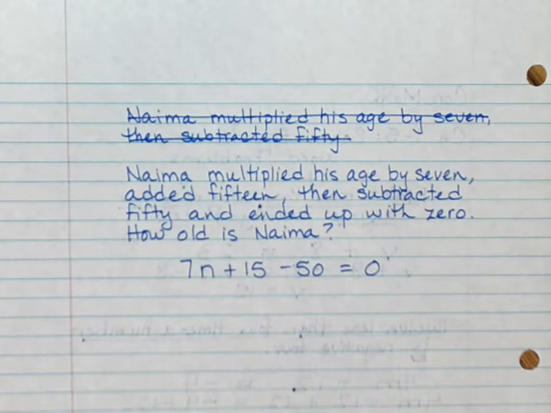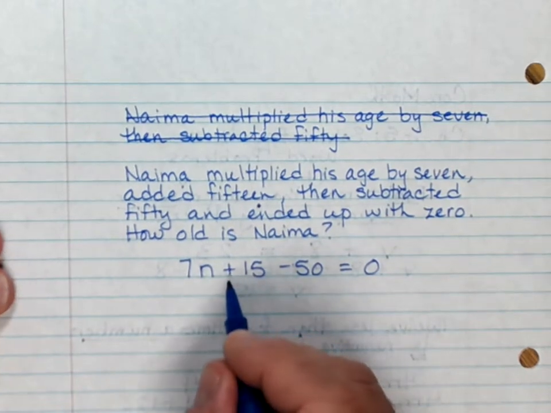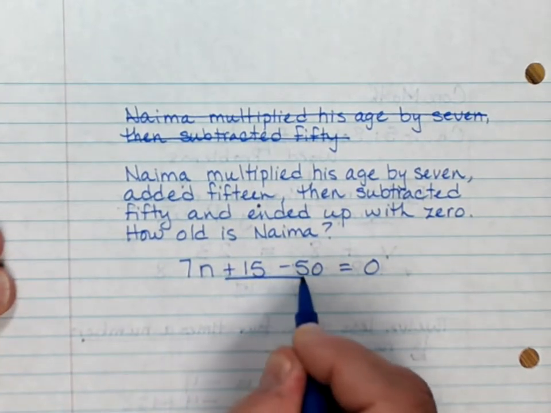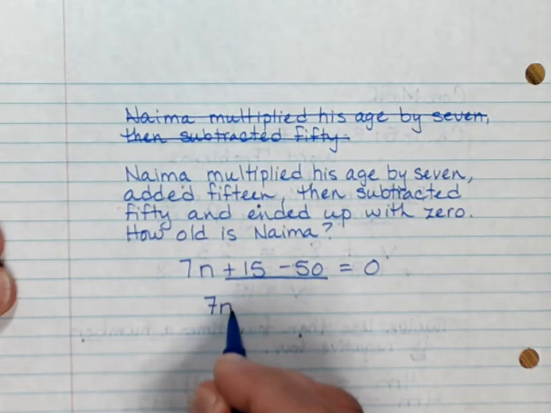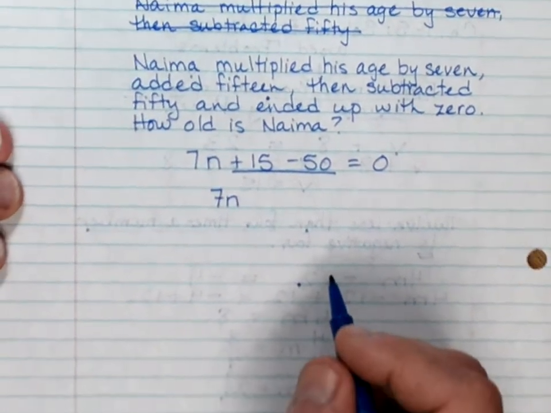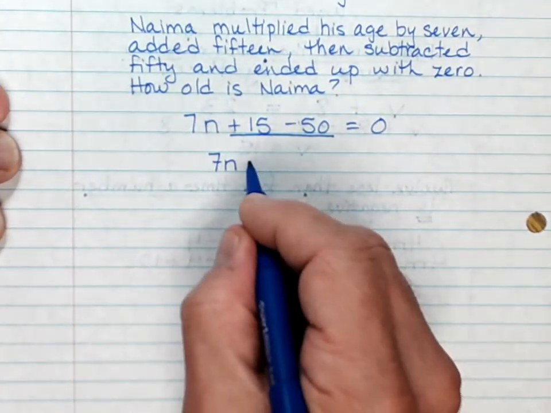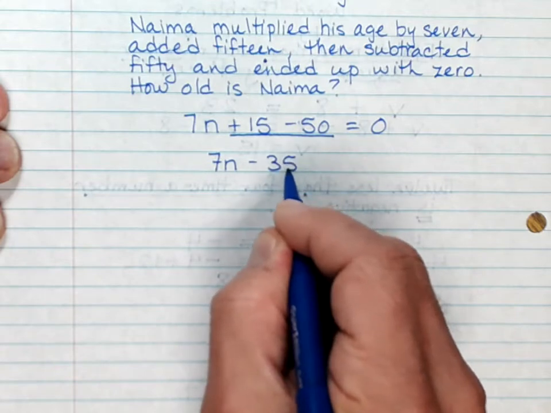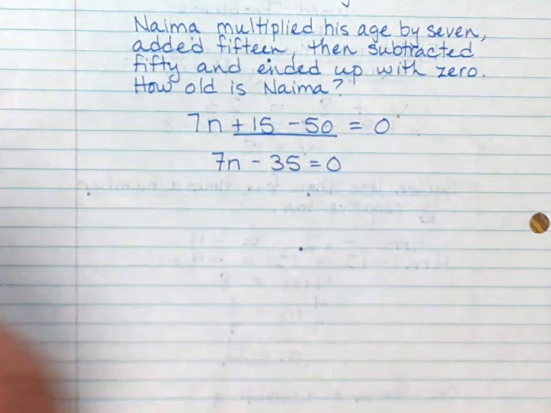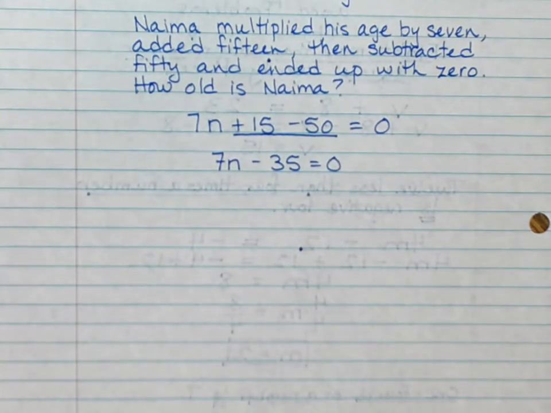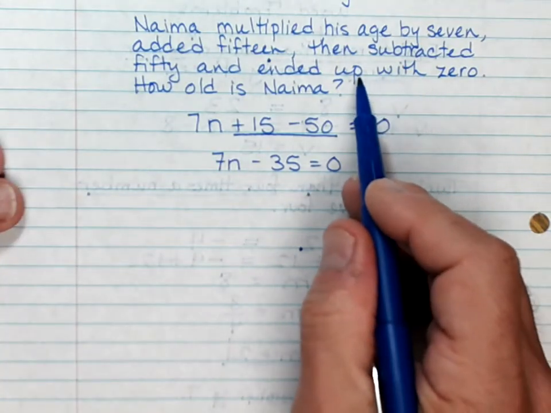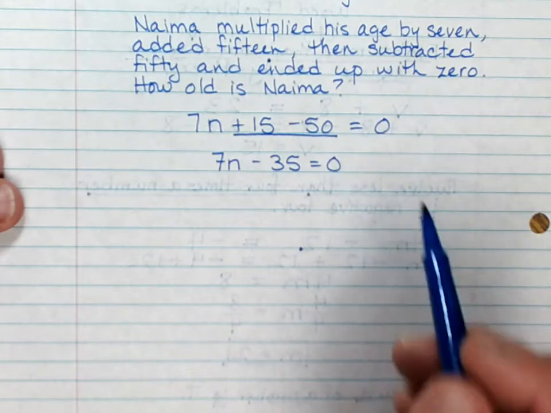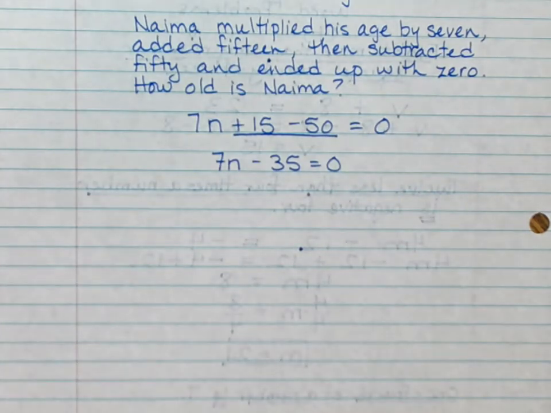So let's do some order of operations. We've got 15 minus 50. Let's go ahead and do that real quick. If you have negative 35, that's awesome. This 0 might be throwing you off, but remember, that's what it says. He ended up with 0, so that side is going to be 0. Normally we'd never have that.